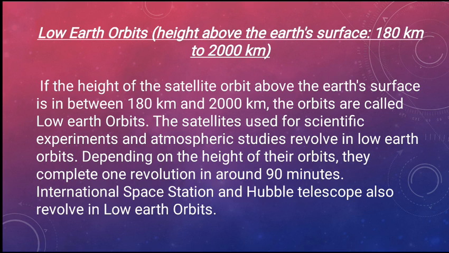The satellites used for scientific experiments and atmospheric studies revolve in low Earth orbits. Depending on the height of these orbits, they complete one revolution in around 90 minutes.